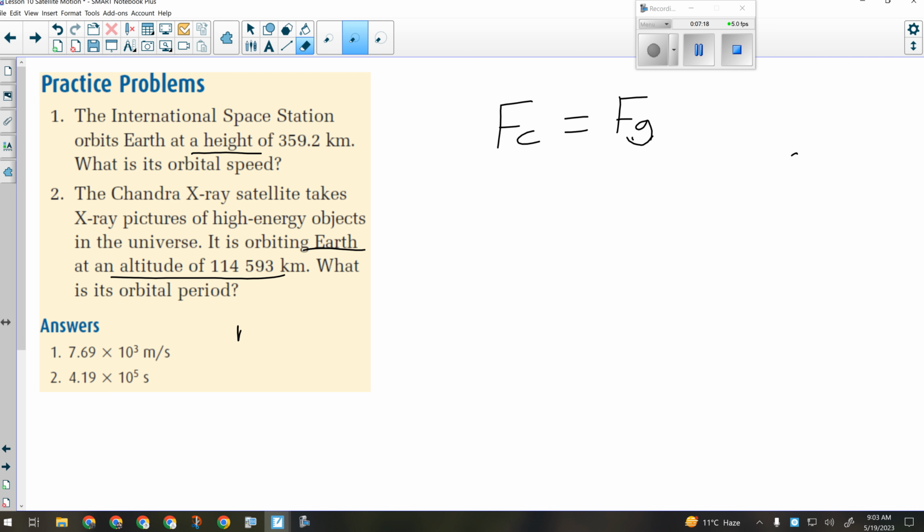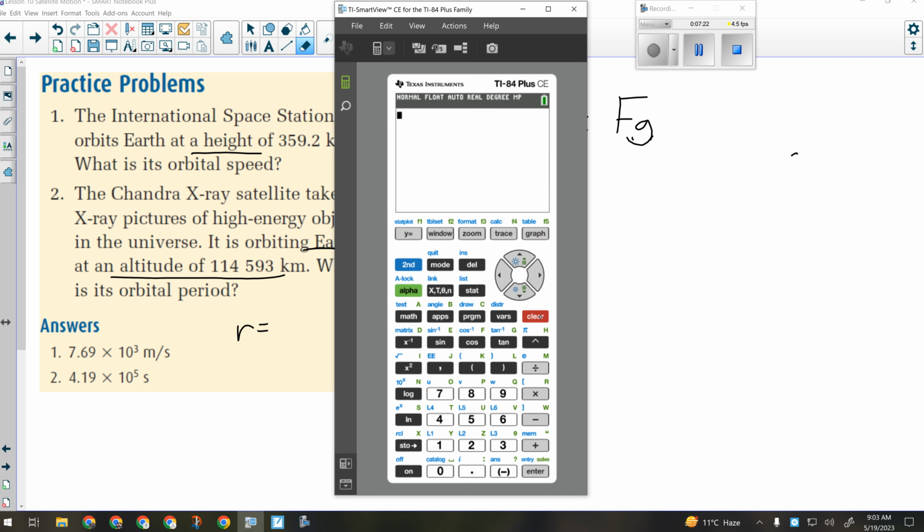So the actual radius here is going to be 6.37 E6, the radius of the Earth, plus 114,593 with 3 more zeros behind it to make it meters. That will give us an orbital radius of 1.20963 times 10 to the 8.